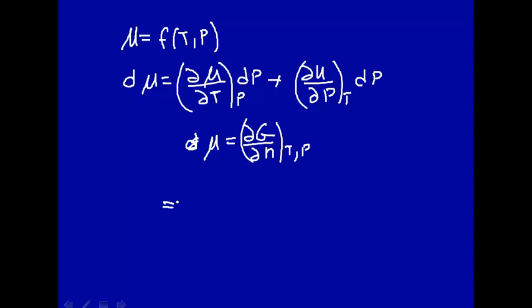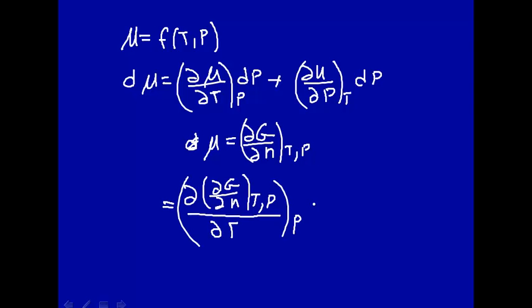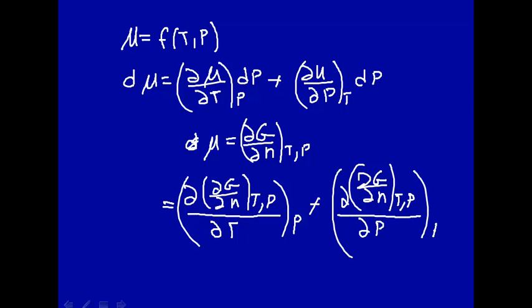Now we have d mu is how G changes with the number of moles at constant temperature and pressure, how that quantity changes with temperature at constant pressure, plus how G changes with N at constant temperature and pressure, and how that quantity changes with pressure at constant temperature. There should be a plus sign there.